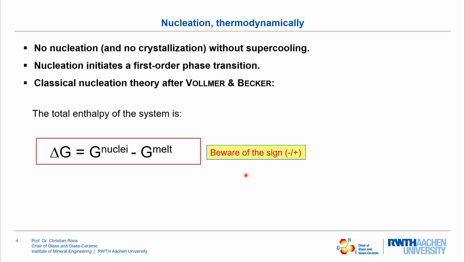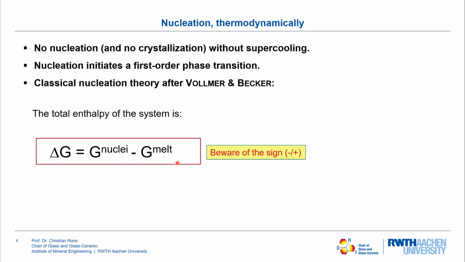At that point, I have to make an important remark. Please be aware of the sign, if there is a plus or a minus, in the difference of the free enthalpy, because some textbooks define this relation as I do here, for instance Vogel in his textbook Glass Chemistry, in which it is the free enthalpy of the nuclei minus the free enthalpy of the melt.